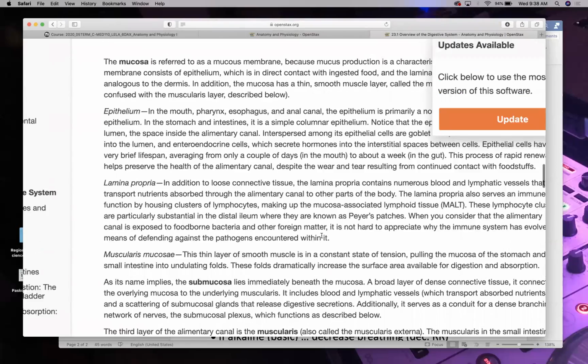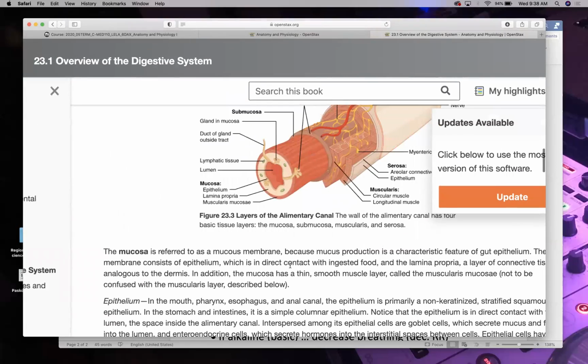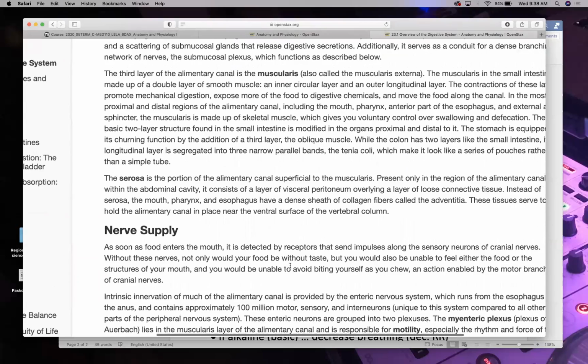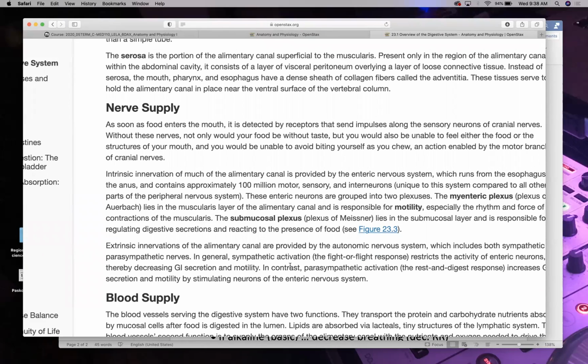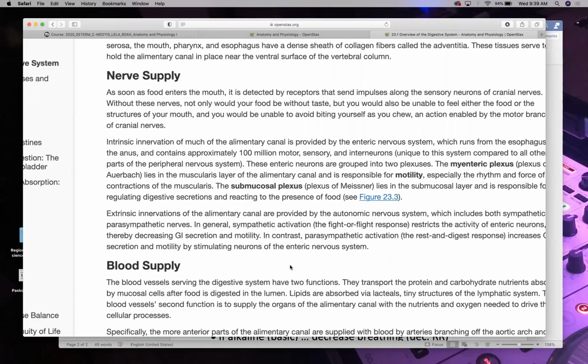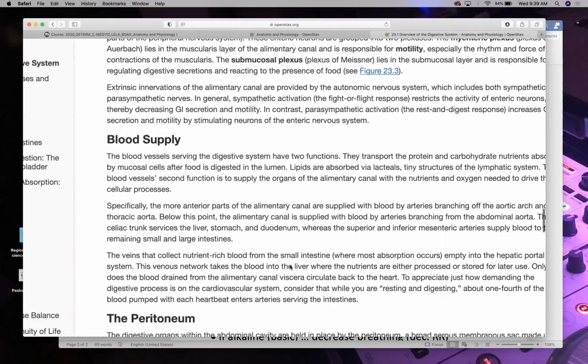What do we also need to know? It's lined with mucus, right? And mucus is not only a wonderful immunologic protector, it is also a nice lubricant for food, feces, and other things to move through the system.